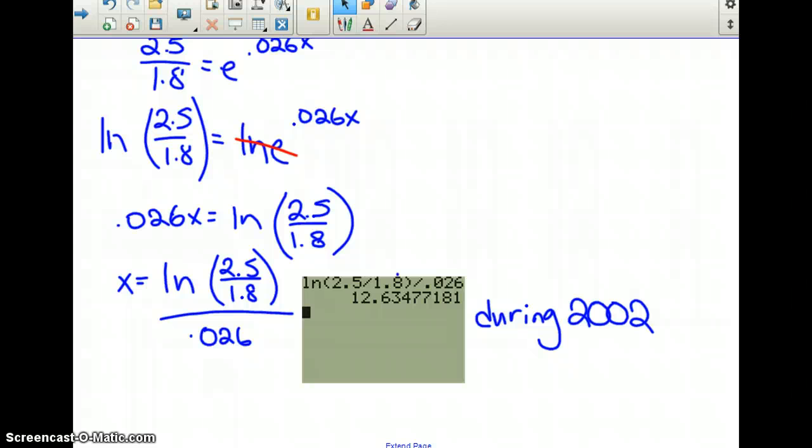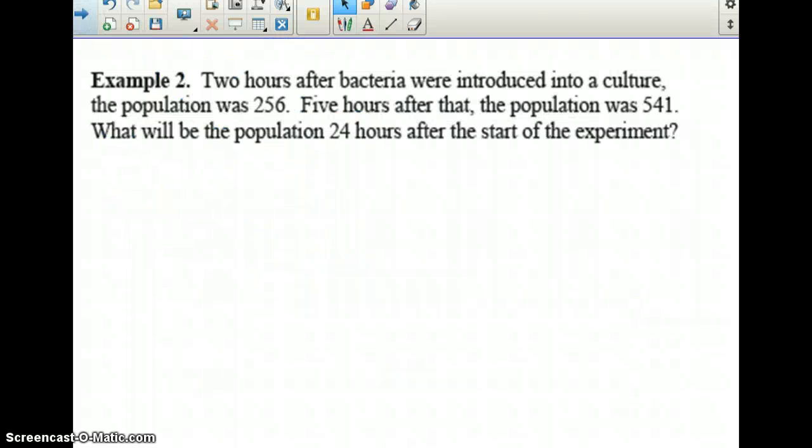All right, our next example. 2 hours after a bacteria were introduced, we were given a population of 256. 5 hours after that, the population is 541. What's the population at 24 hours? So it's important to note that we do not know the population at time 0.